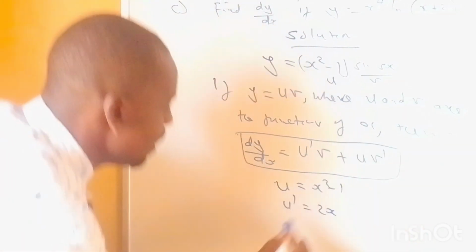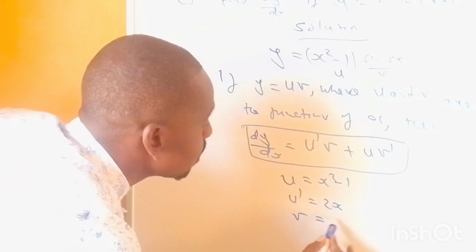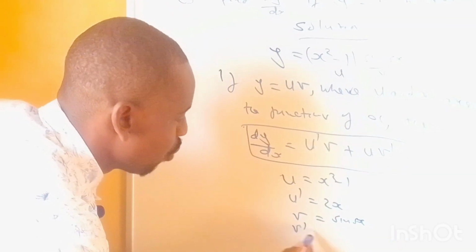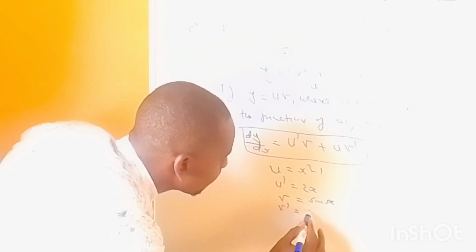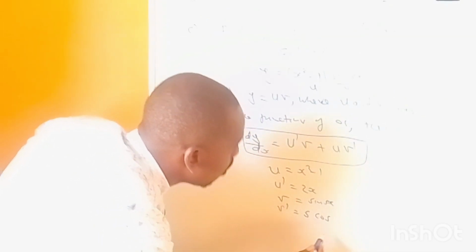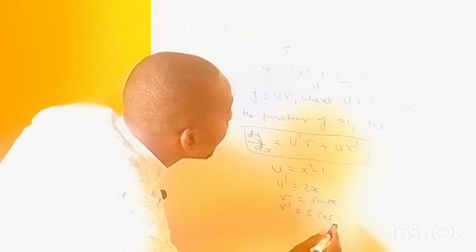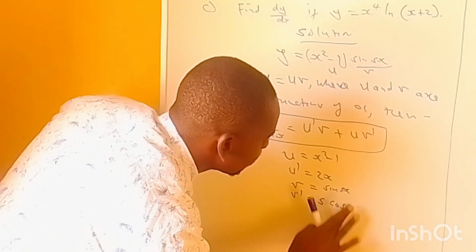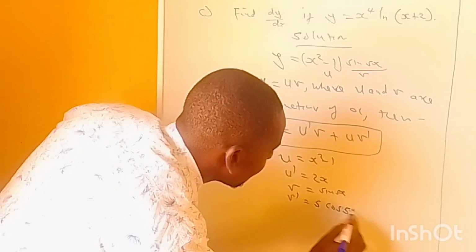Then our v is sine of 5x. So what is the v prime? When we differentiate that, we get 5 cos of 5x.